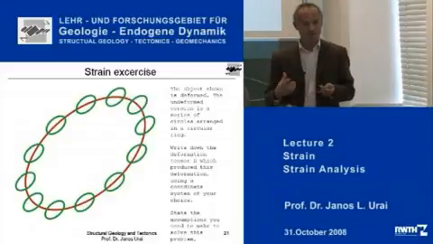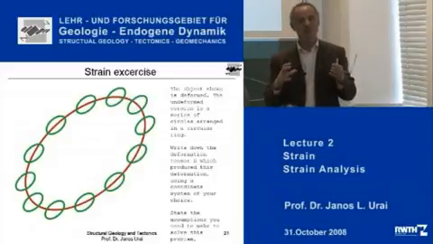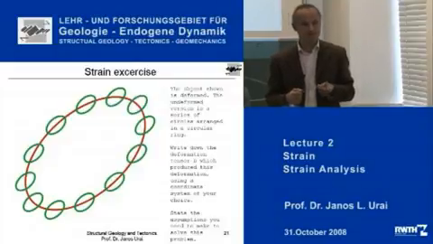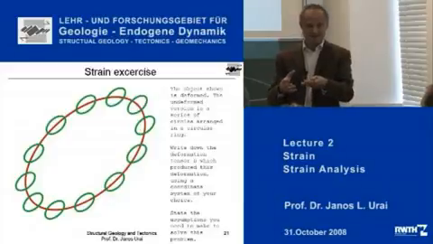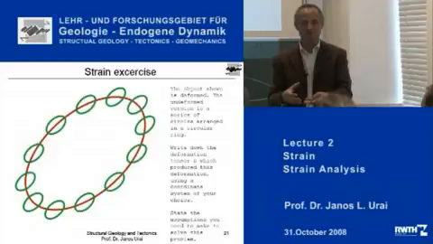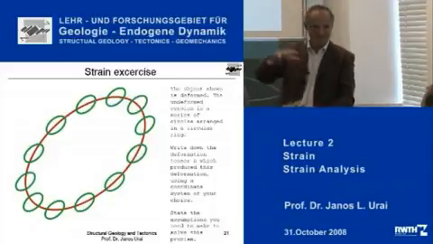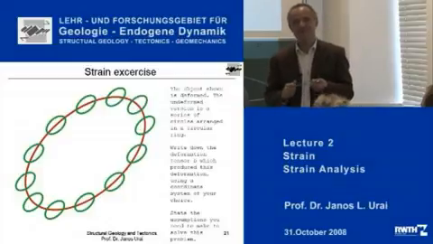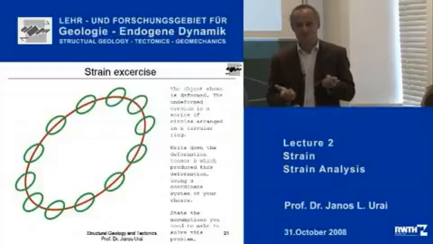Now this assumption, this zero volume change, is of course not always the case. For example, if you have a sediment, which is a clay, very close to the surface, a clay can have a porosity of 50 or 60%. If you shorten it and bury it to 2 or 3 kilometers depth, the clay has 10% porosity.